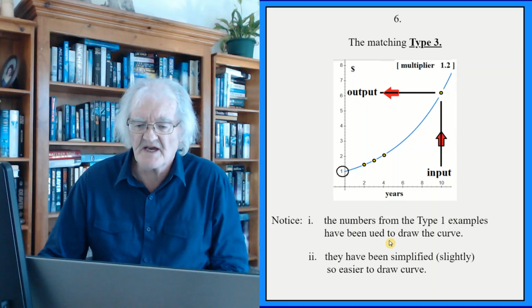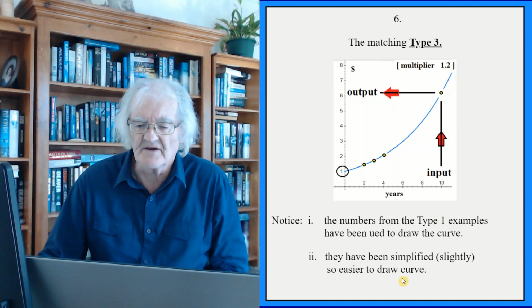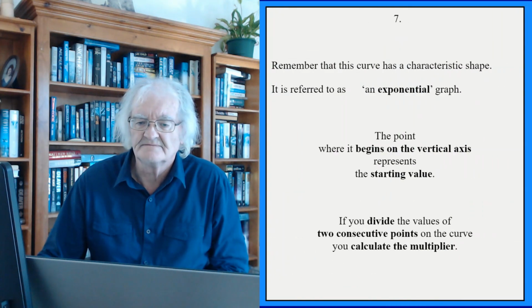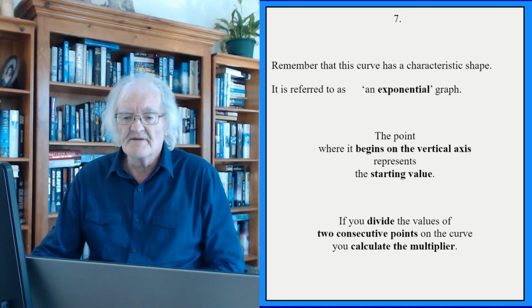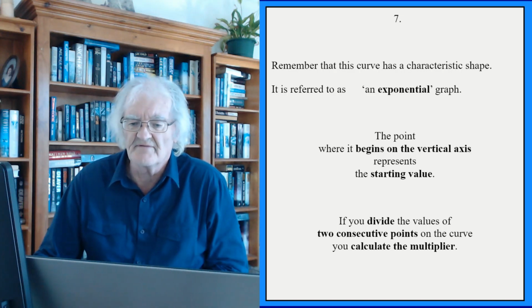Notice that in this case, we get a curve, and the points have been simplified slightly to make the curve easier to draw. Remember that this curve has a characteristic shape. It's referred to as an exponential graph.